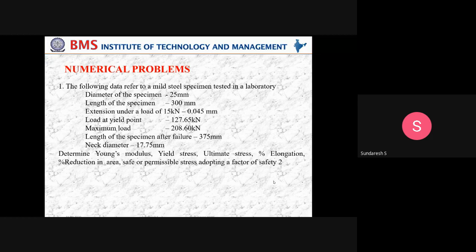Extension under a load of 15 kilonewton is 0.045 millimeter.